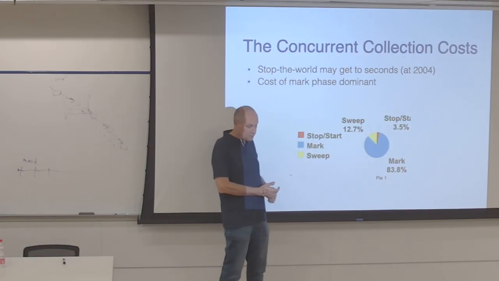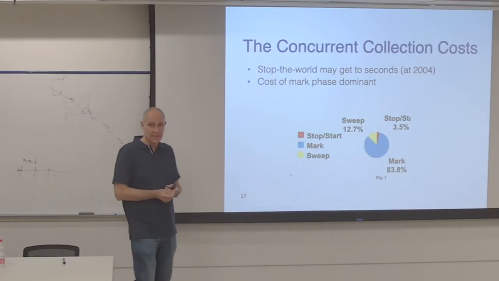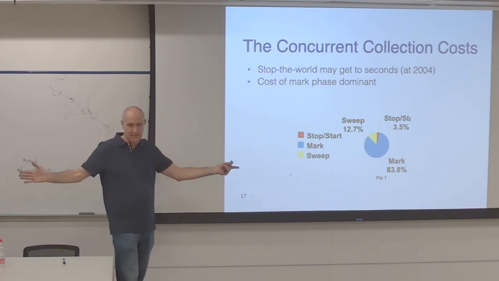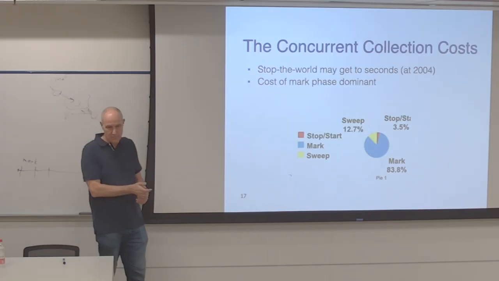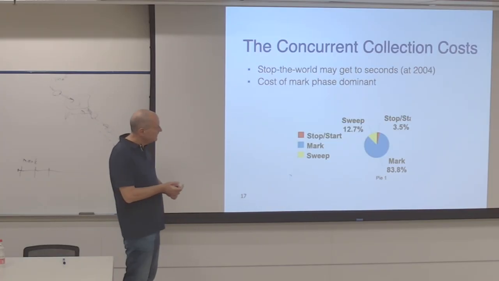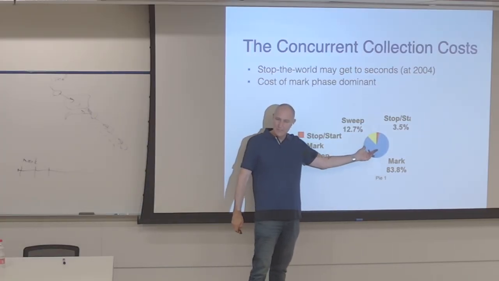Floating garbage is when you don't have an accurate mark, right? It doesn't matter if the mark is long or short. Well, maybe it does, because if it's long, you have more chances to mark objects that will later become garbage. Yeah, we will talk a bit about this.